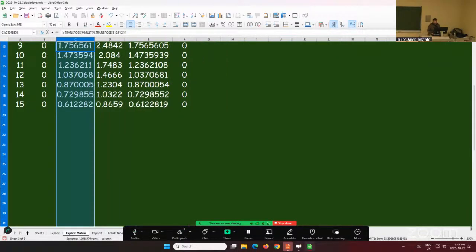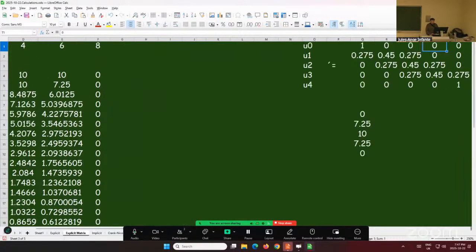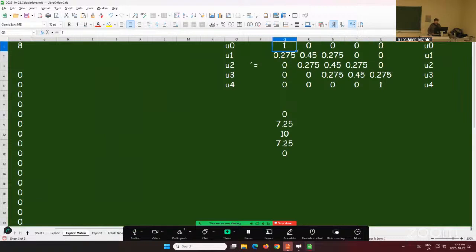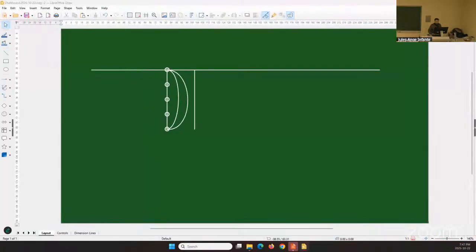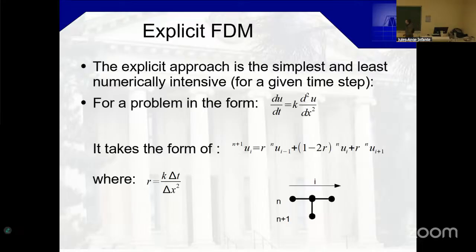So this is the matrix that you would have to use. So we look at your term here: obviously R times the neighbors and 1 minus 2R times the central value of the previous instance.